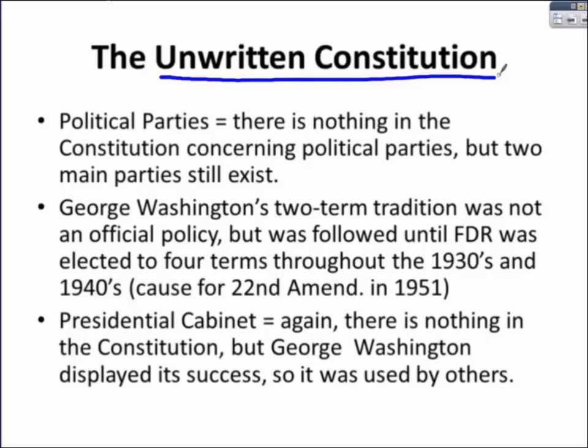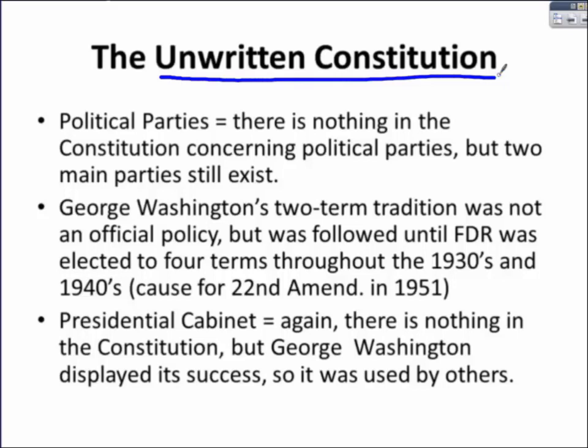George Washington's two-term tradition was not an official policy, but was followed until FDR was elected to 4 terms throughout the 1930s and 40s, which was, again, cause for the 22nd Amendment in 1951. The presidential cabinet, again, there is nothing in the Constitution, but George Washington shows that it is a very successful system for getting multiple opinions, and therefore it has been used by every president since.